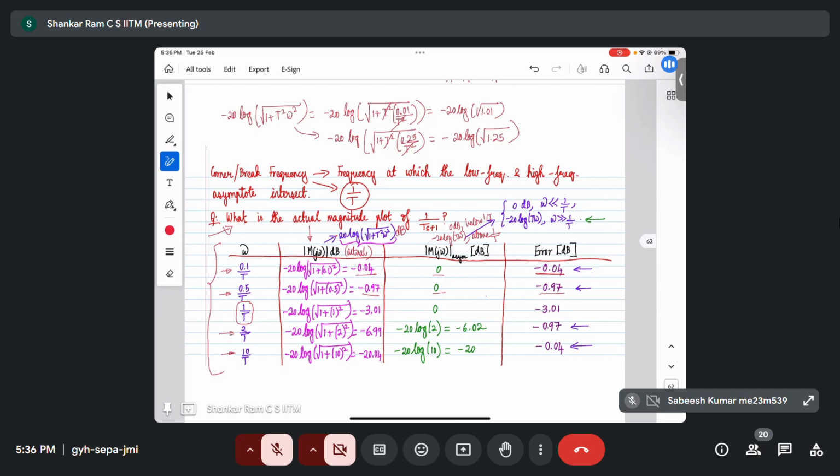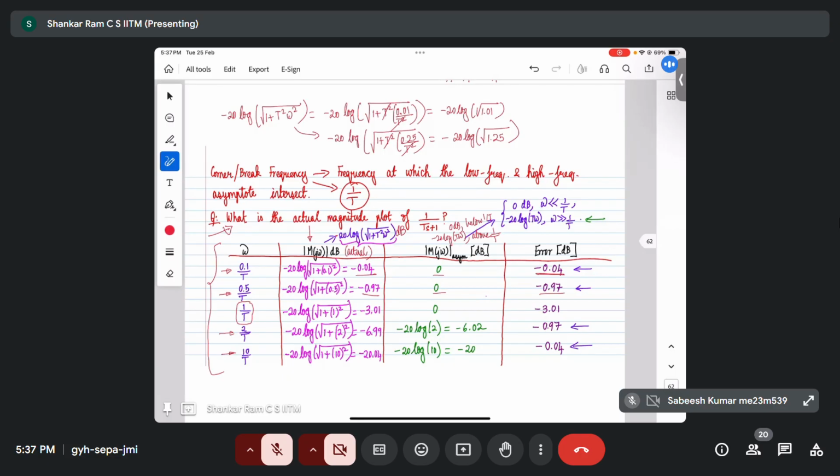You can observe that as we keep approaching the corner frequency, the error between the actual and the asymptote keeps on increasing.